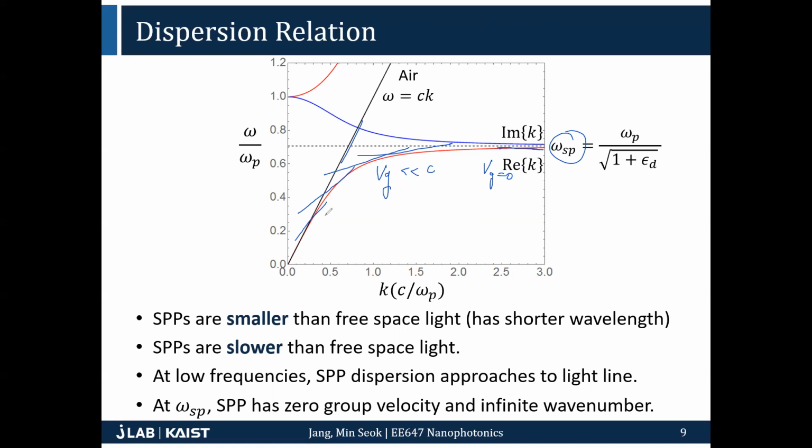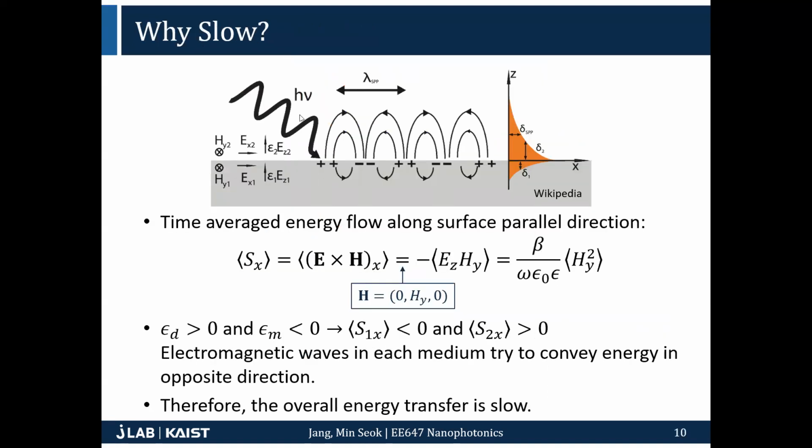So I want to explain why this is actually happening, from a physical explanation. So first, why is light slow? Why are surface plasmons slower than the free space light?